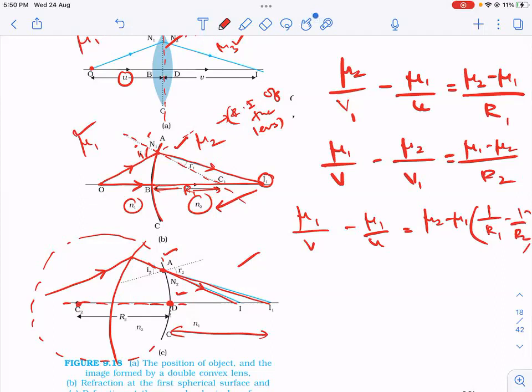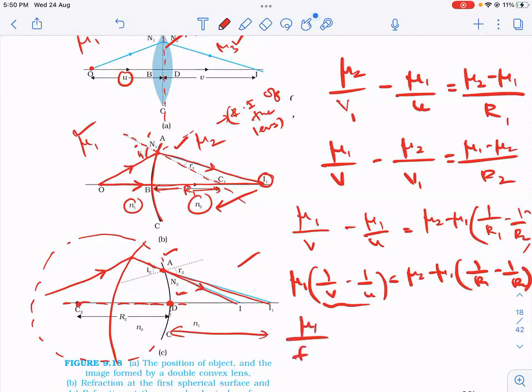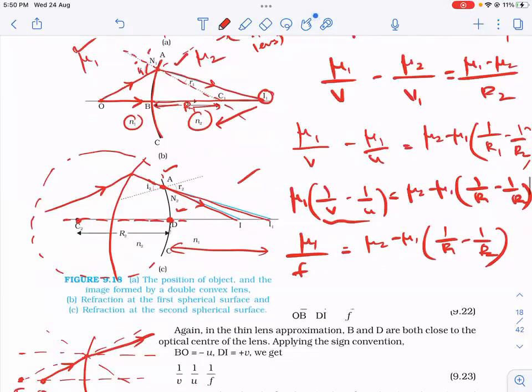Because mu1 minus mu2 I can write as minus of mu2 minus mu1. So what is common on the left hand side? mu1 into 1 by v minus 1 by u is equal to mu2 minus mu1 into 1 by r1 minus 1 by r2. So what is 1 by v minus 1 by u? 1 by f. So mu1 divided by f is equal to mu2 minus mu1 into 1 by r1 minus 1 by r2.